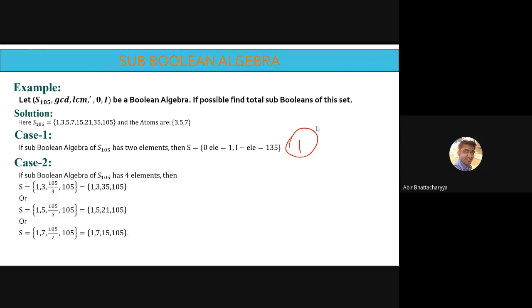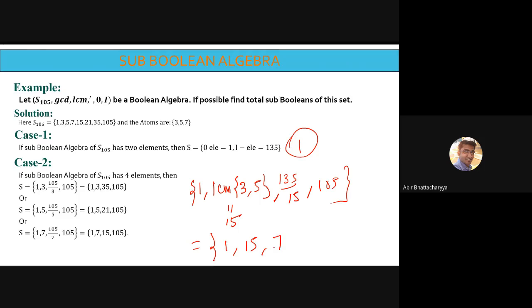Now you may ask, what if I consider the GCD or LCM of any 2 elements? Let's take the LCM of 2 atoms, like 3 and 5. The LCM of 3 and 5 is going to be 15, and the complement will be 105 by 15, which is 7. Now what is the set? 1, 15, 7, and 105.